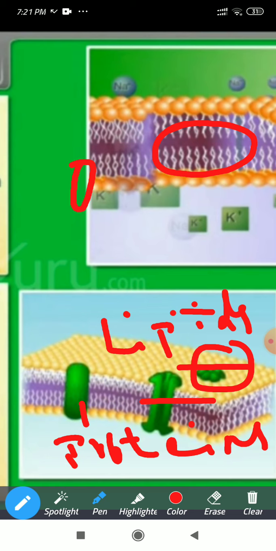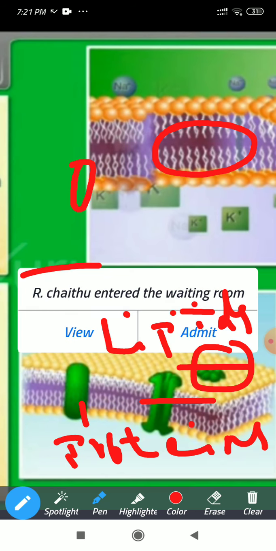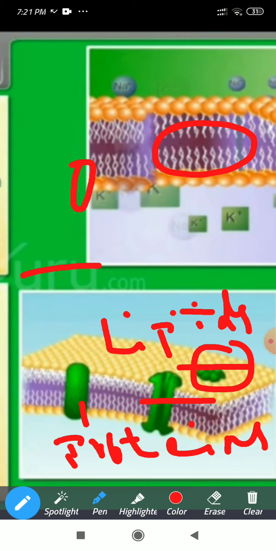We call this type of structure a sandwich model. Different scientists, according to their observations, described many structures, but the most familiar one is the fluid mosaic model, and the sandwich model.